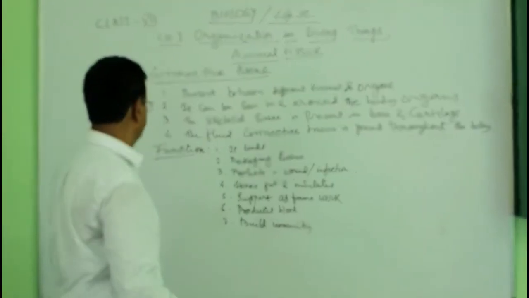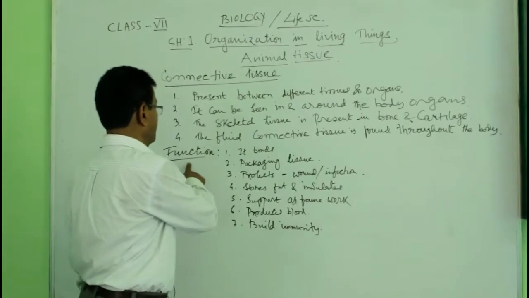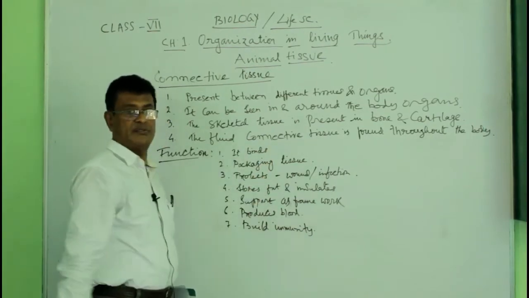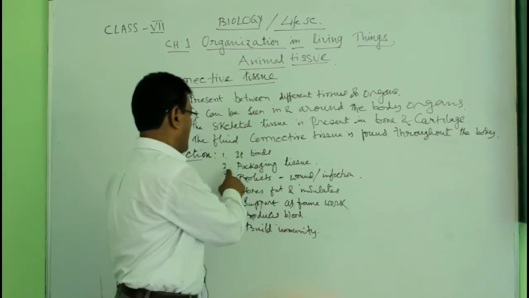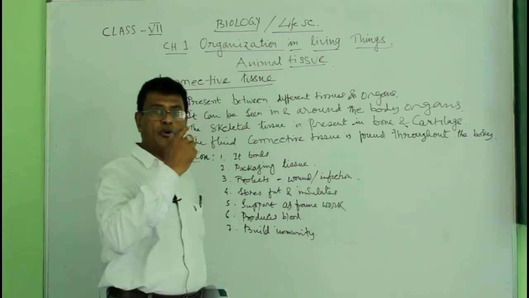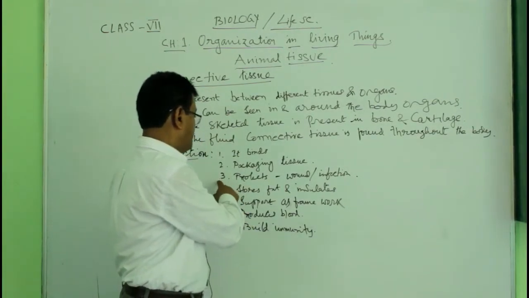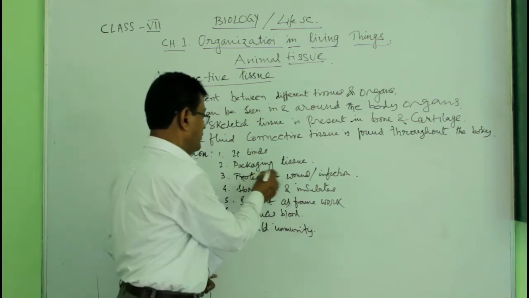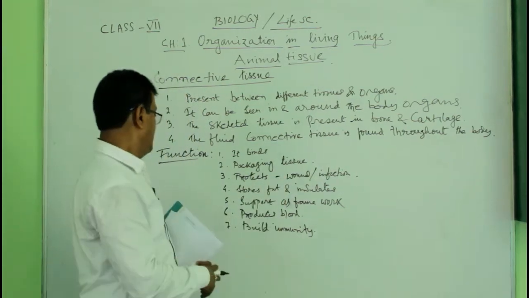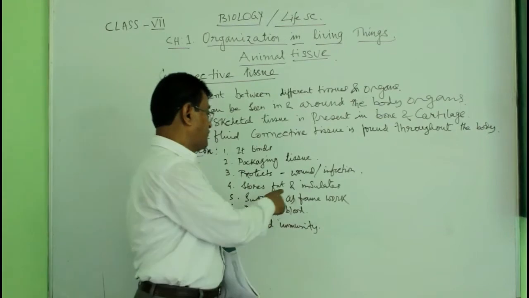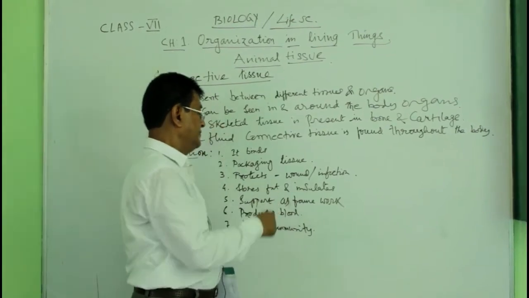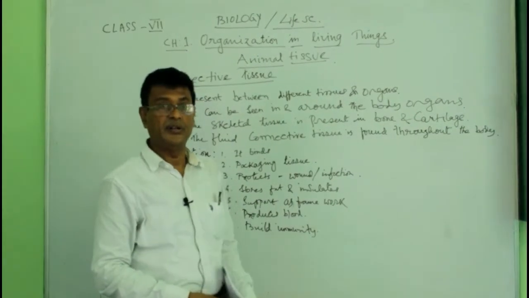The first function is that it binds. Number two, the packaging of the different types of organs and making a sheath. And it protects the wound and injury. Number four, it stores fat and insulates.